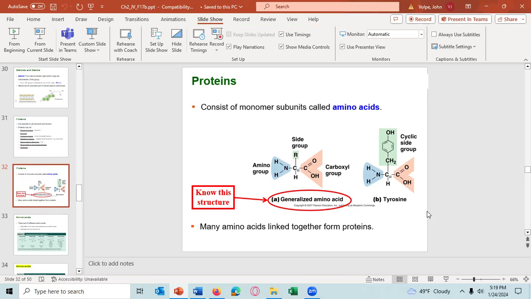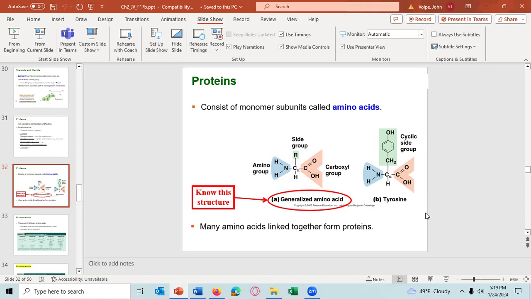There's only 4 monomers in DNA and RNA, and we'll talk about those next. But in proteins, at least in humans, we have 20 different monomers, and most organisms have 20 different monomers that make up a protein. We call these monomers amino acids.